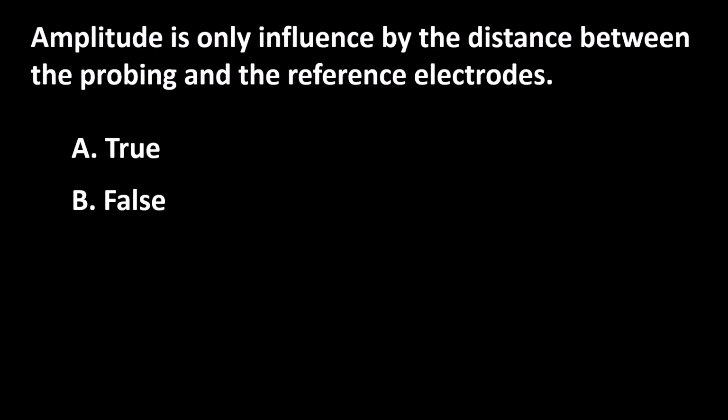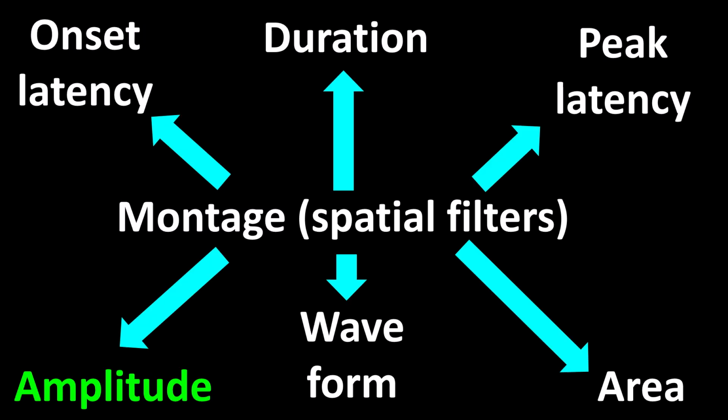Next question. Amplitude is only influenced by distance between the probing and the reference electrodes. A, true, B, false. The effect of a spatial filtering, that is, filtering based on inter-electrode distance, spatial relation between electrodes, and degree of coherence between what is being received through input 1 and input 2 is particularly noticeable in relation to amplitude.